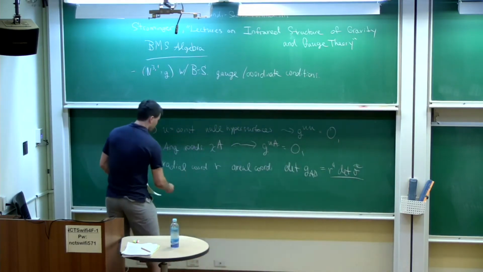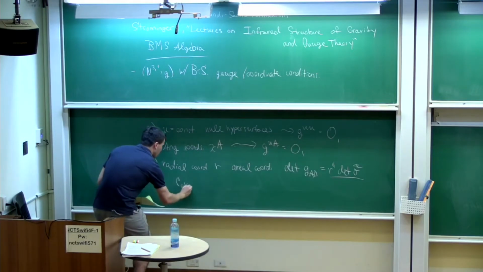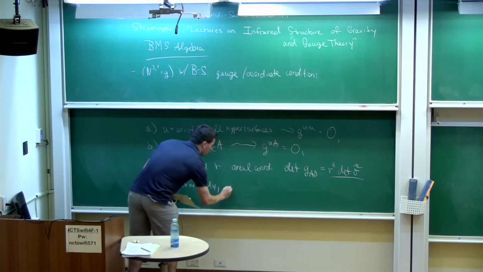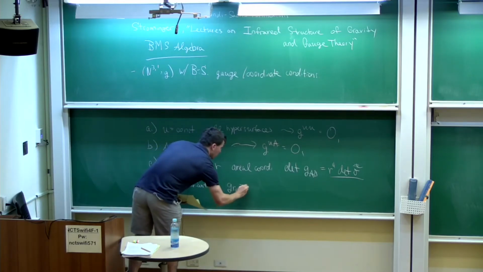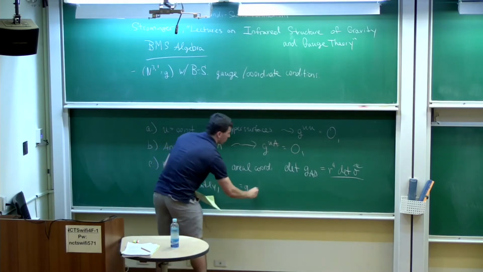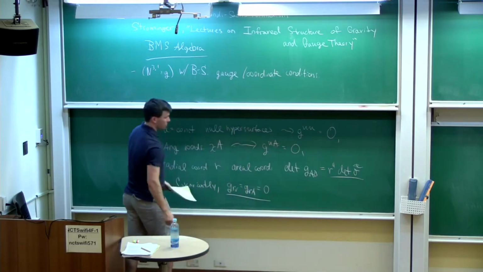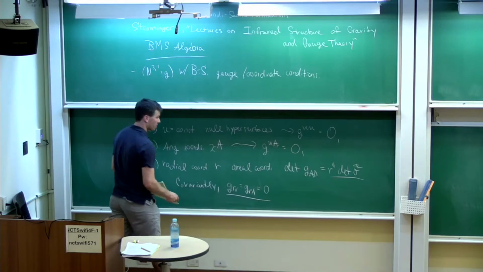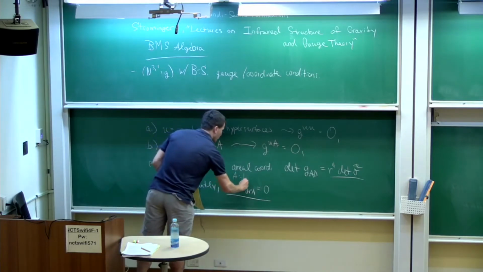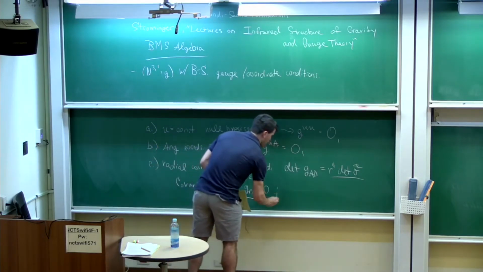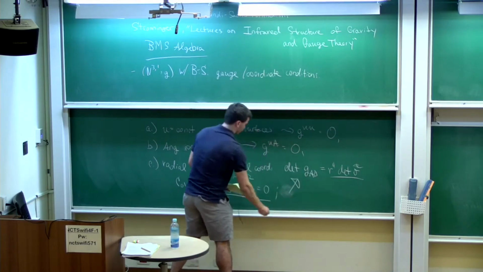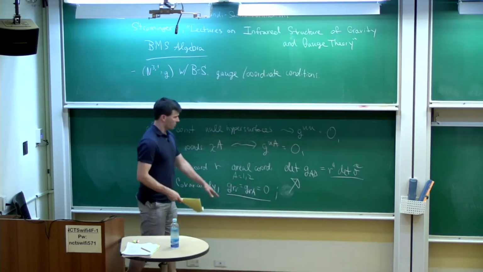Okay, so covariantly, we have vanishing of these three components. Remember, A is indexed like A equals 1, A equals 2. And we have finally this determinant condition. So we have 4 conditions.